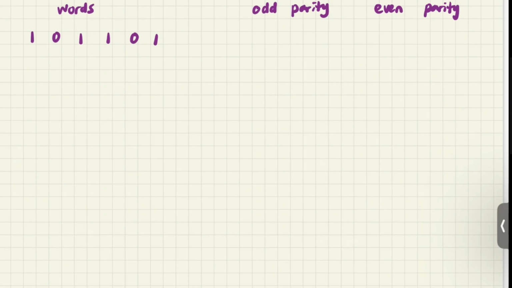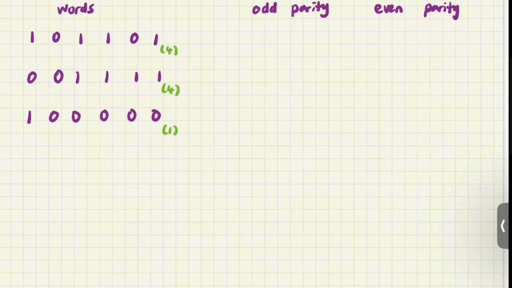So for this word to be odd parity, you need to know the weight of the word. Let's write down several examples. So it will be 001111, and another one should be 100000. The weight of each of these: 1, 2, 3, 4, so it should be 4, and this one also 4, and this one 1. Right? That is the weight of each word.